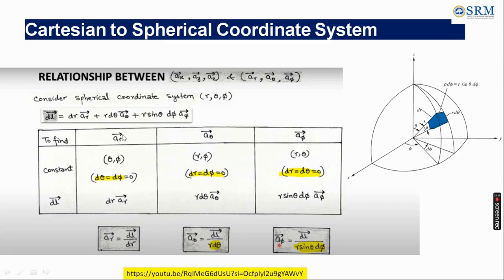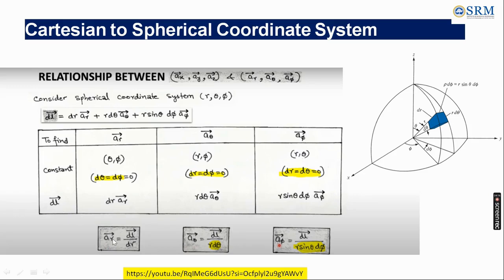To find the AR vector, theta and phi are both constant, and the differentiation of them will be 0. Similarly, to find A theta, the other two components are constant and their differentiation is 0. Similarly for the A phi component.